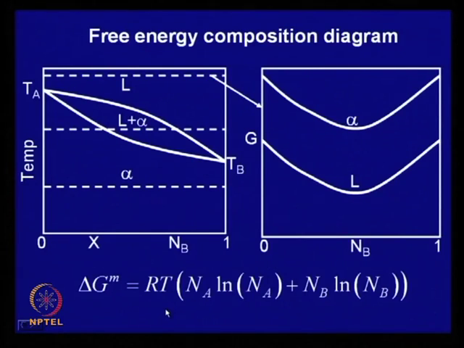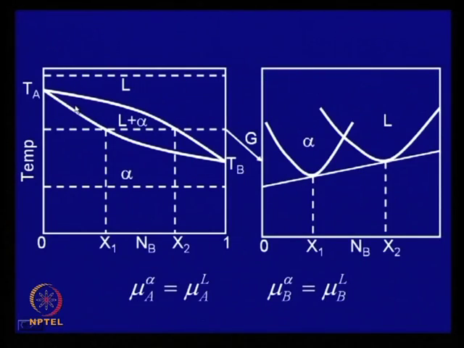And now, what happens if you come to an intermediate temperature range? Something like this happens, the shape of this plot changes, it is something like this, and this is the free energy diagram of the liquid.